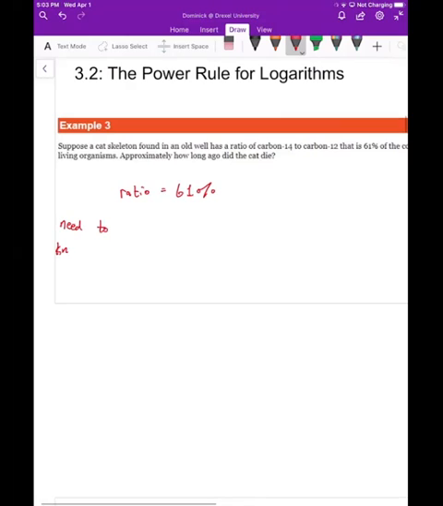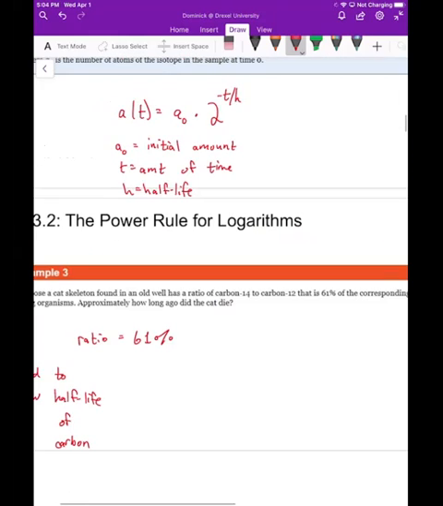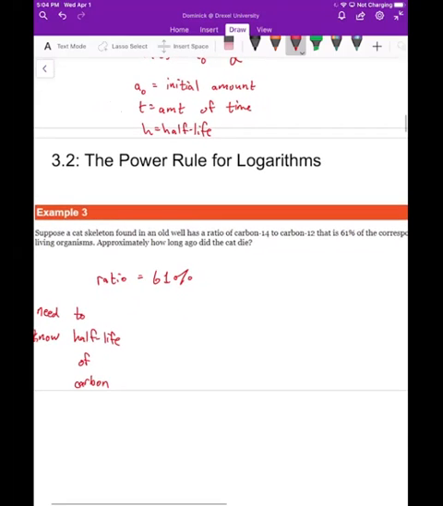I suppose that we need to know, and that's one thing the book doesn't have in here, the half-life of the carbon. So if A0 were 1, we know that the current value of A is 0.61. So we have 61% of what we originally had.